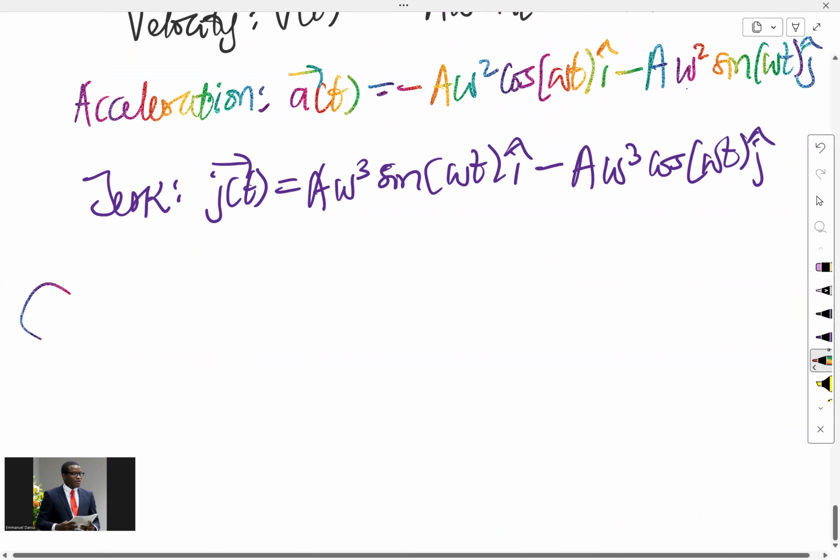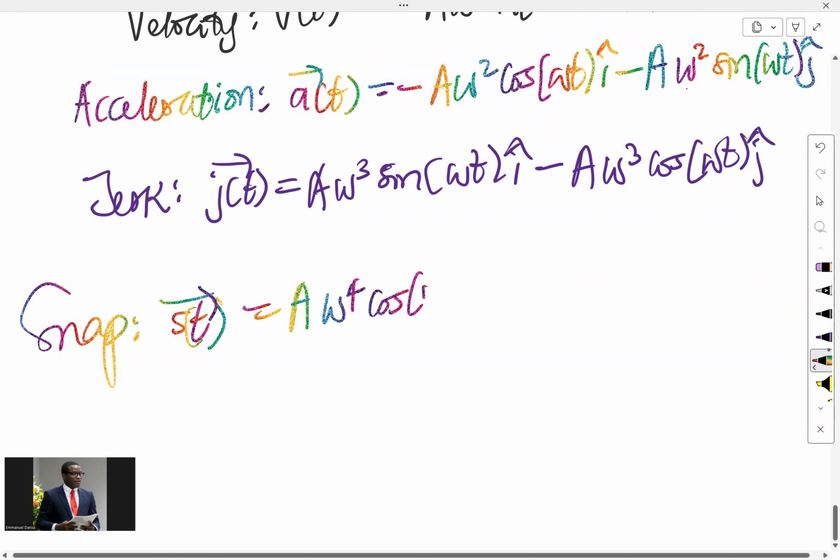So s of t is equal to, now differentiate sine, you get cos, then omega comes, you have 4 of that. So you have a omega raised to power 4 cos omega t in the direction of i. Differentiate cos, now you get minus sine, so minus and minus is plus. So you have a omega 4 sine omega t j. So it's periodic and it keeps going like that.